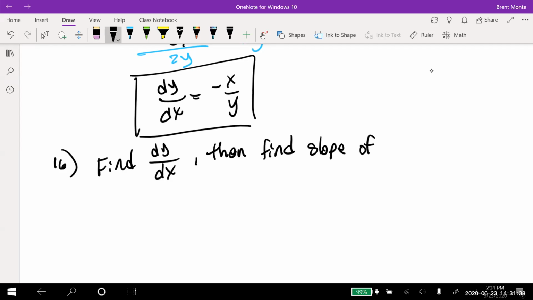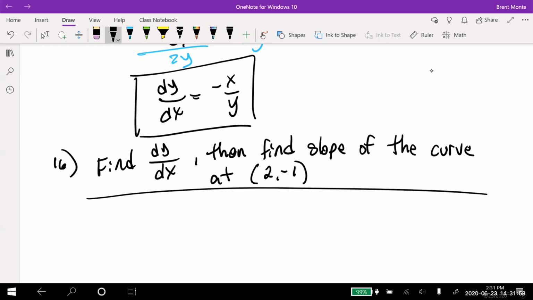They're the same value anyway. They represent different ideas. At, and in this problem, they give us the point 2, -1. Okay, so there's my problem.